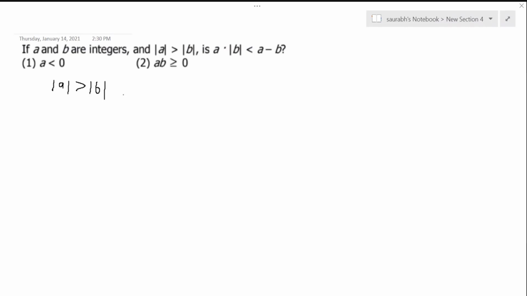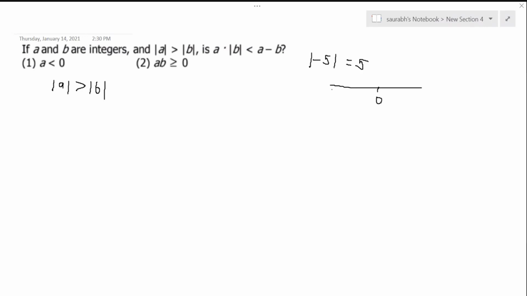For example, minus 5 out of this will become 5, isn't it? So when you say absolute value of A is greater than absolute value of B, it means that A has to be farther from 0 compared to B. It could either be positive or negative.